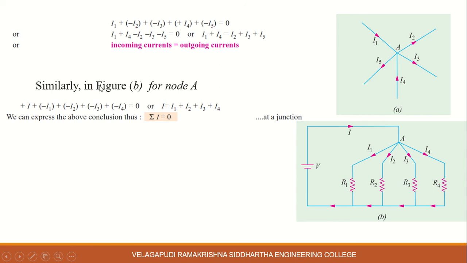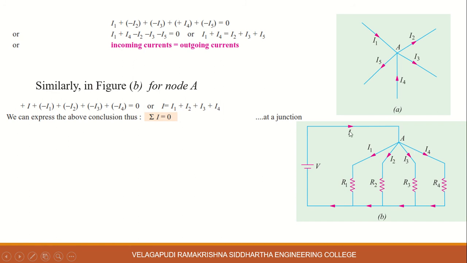Similarly, for the other figure at node A, the entering current is I and the leaving currents are I1, I2, I3, I4. So the algebraic sum of currents meeting at node A is equal to 0.